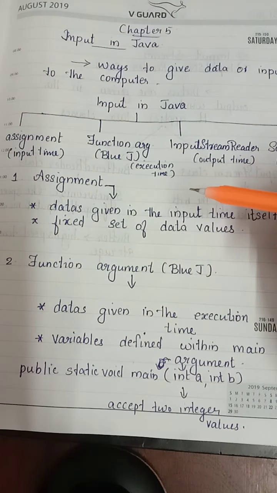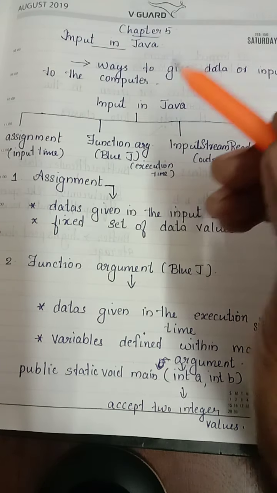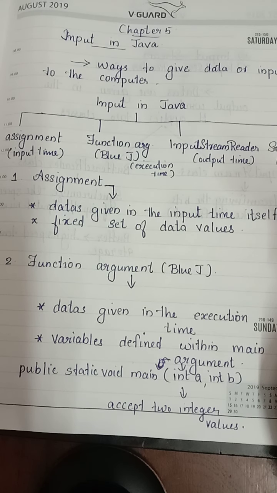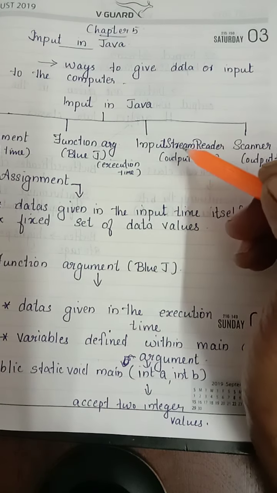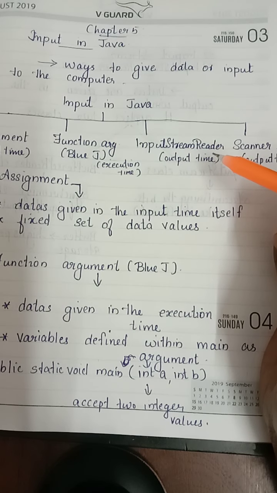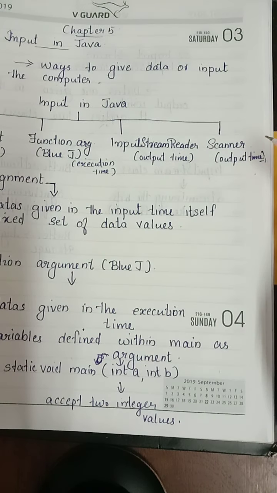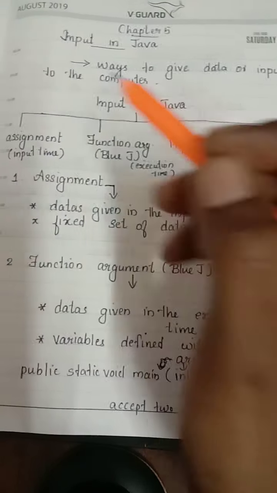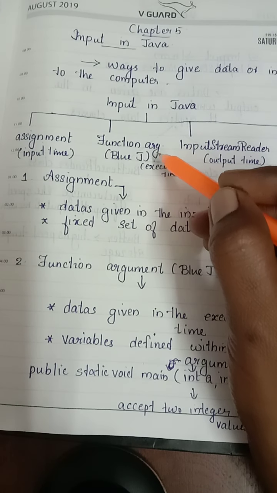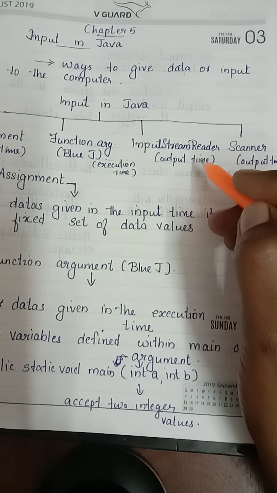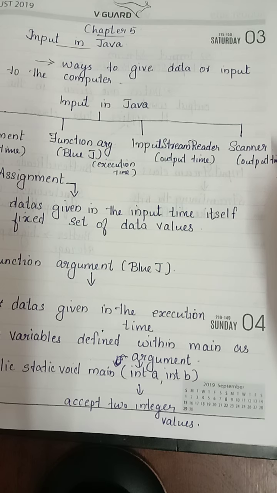The second one is giving values using function arguments. The third one is giving input using input stream reader. And the fourth one is giving input by using the scanner class.